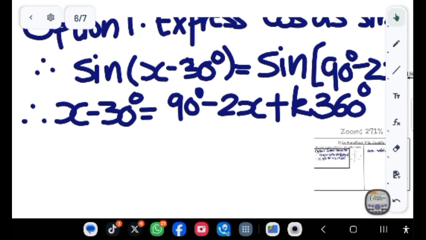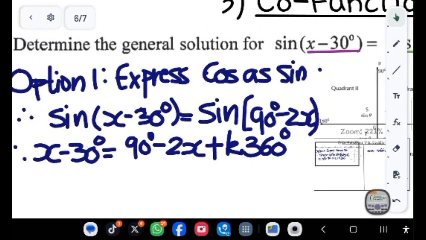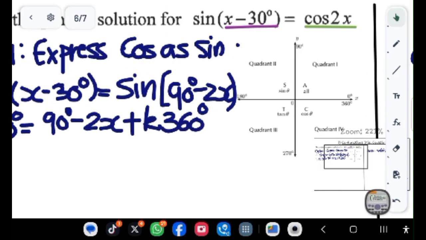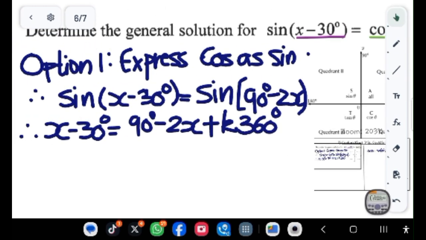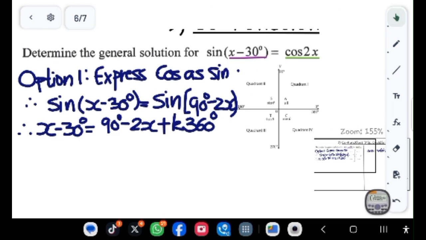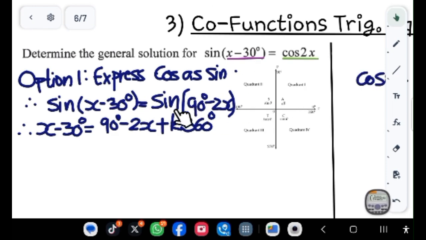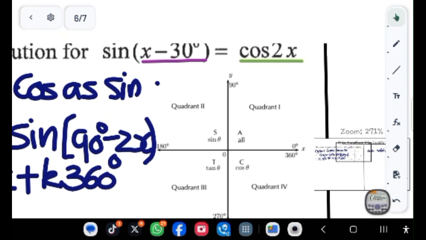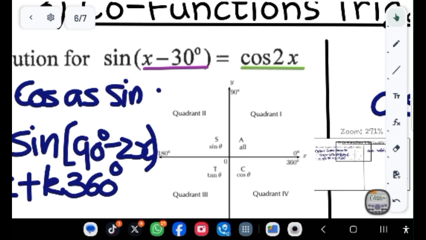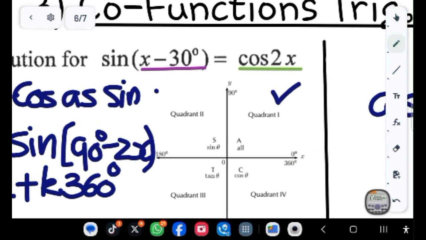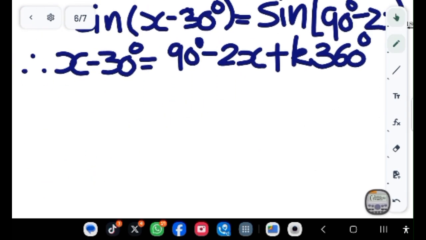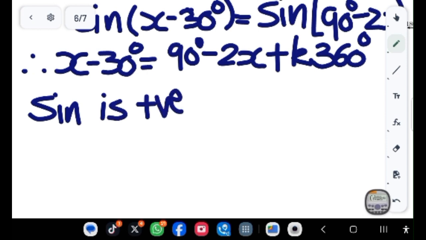This is for when in quadrant one, where sine is positive for both of them. Sine is positive in quadrant one and quadrant two, so this will be for quadrant one.